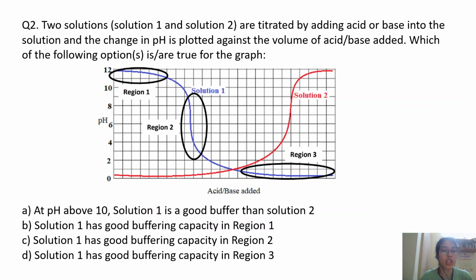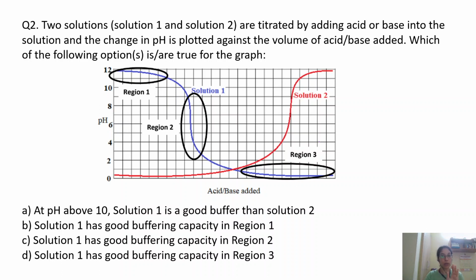Option A: at pH above 10, solution 1 is a better buffer than solution 2. Option B: solution 1 has good buffering capacity in region 1. Option C: solution 1 has good buffering capacity in region 2, and option D: solution 1 has good buffering capacity in region 3.